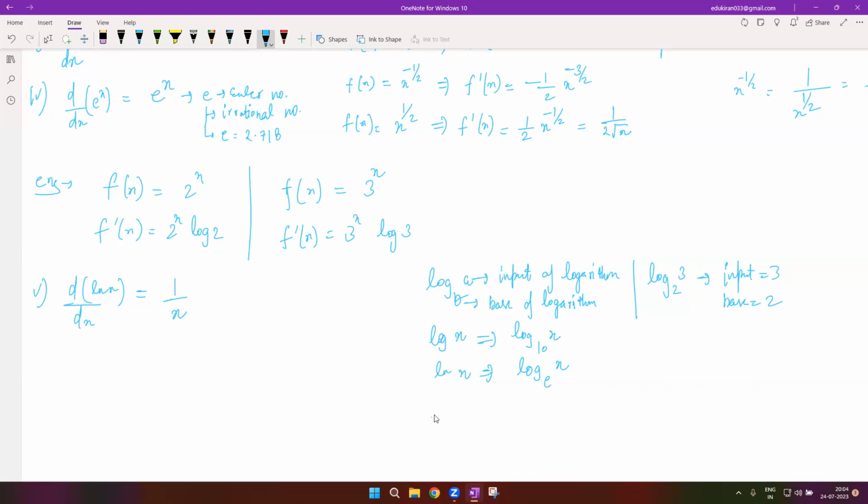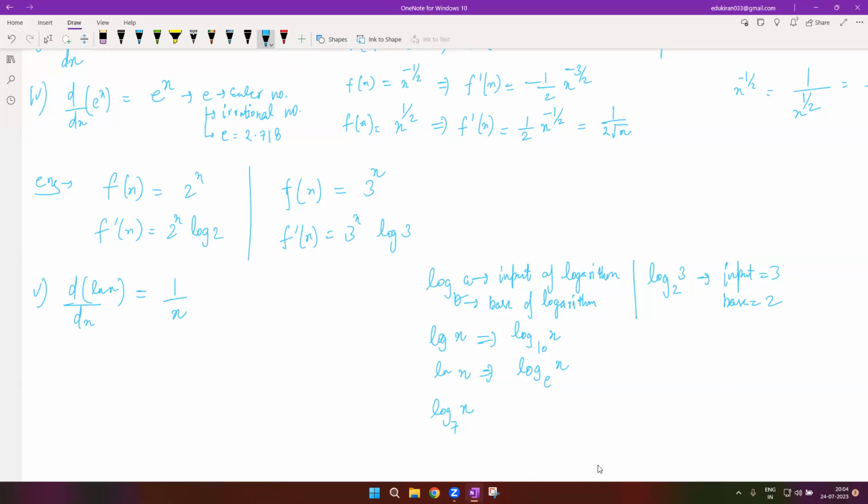In all other cases they will specifically show the base, like if they want base 7, they will write log x to the base 7. But in these two cases you will have to remember and decode this yourself.